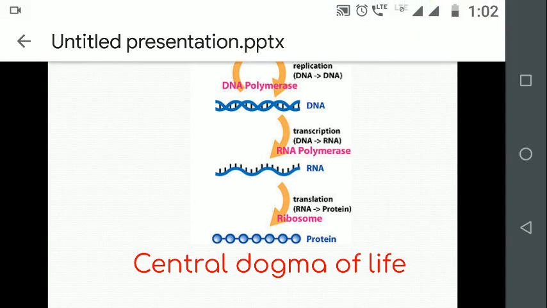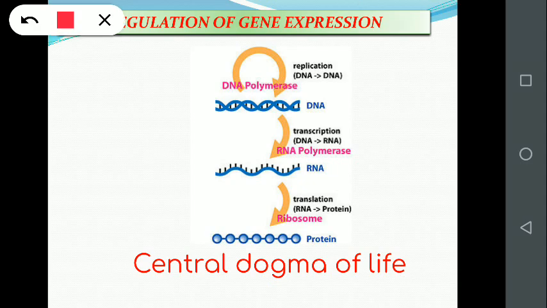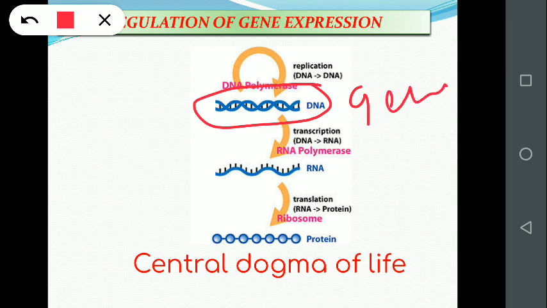First we have the DNA. DNA is nothing but the gene. In this case, this is a particular gene, and this gene is specific for a polypeptide chain or a protein. Suppose it is X protein.